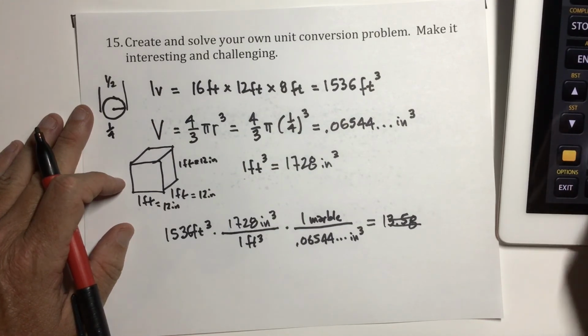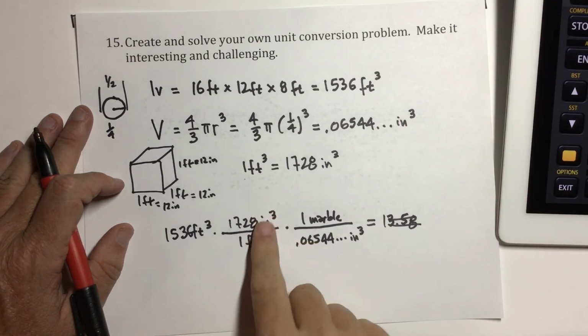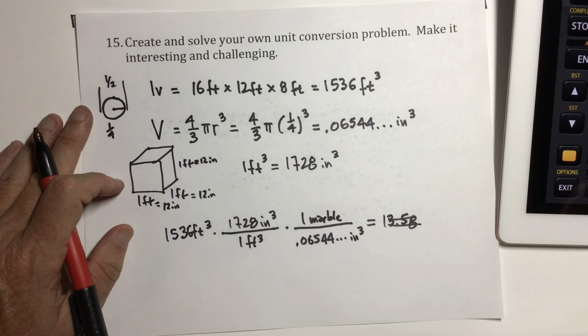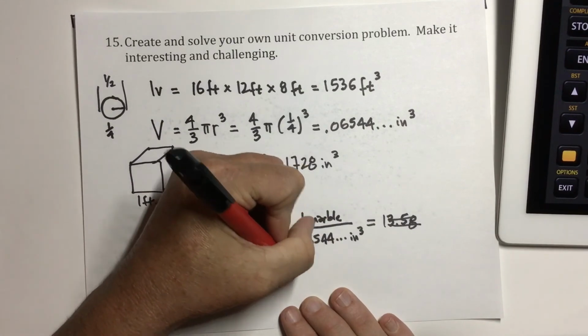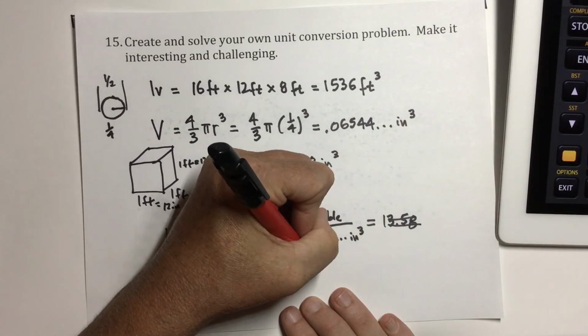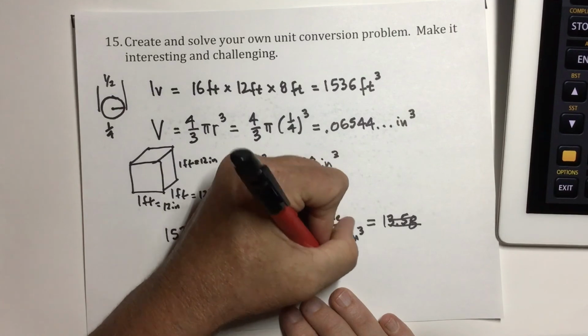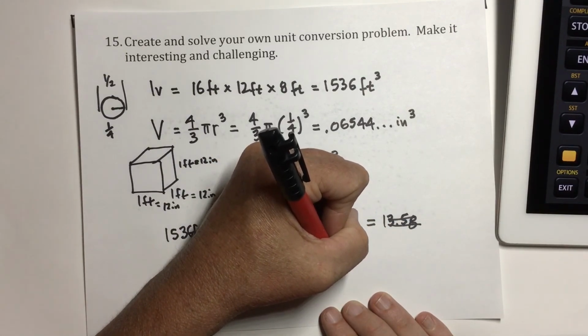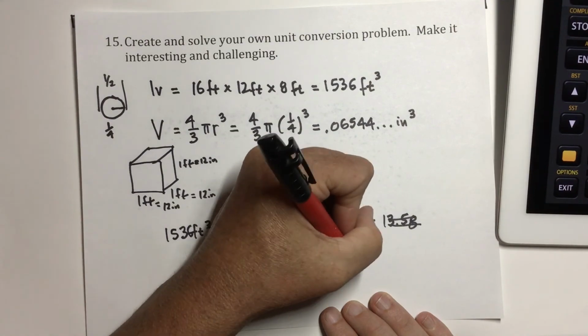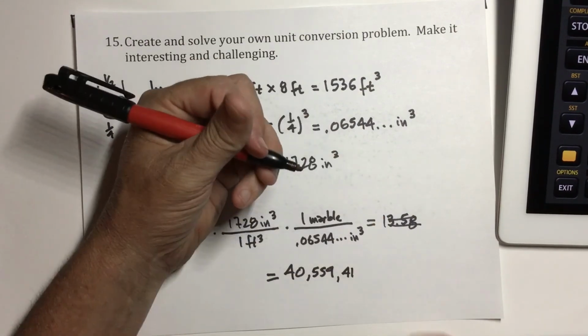1,536, 1,728 times. I think I divided last time. That's what I did. All right, now 0.06544 to mine. Oh, that's a much more reasonable answer. Okay. 40,559,413.2.